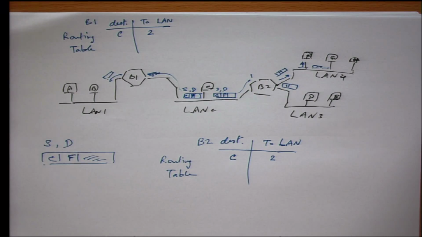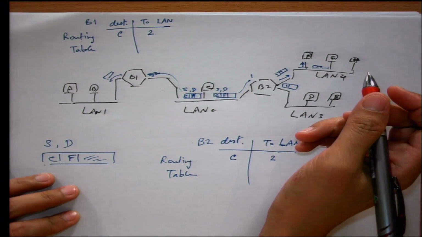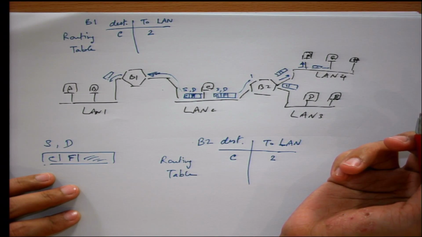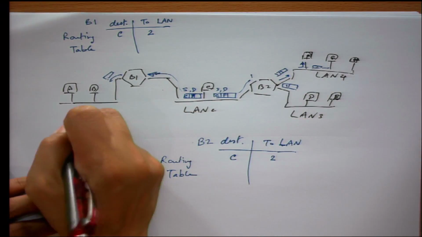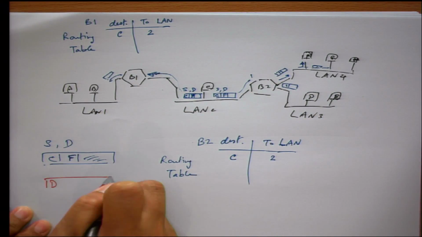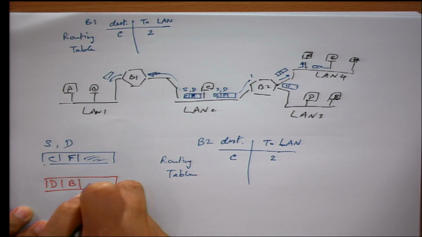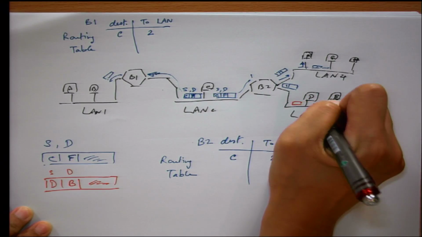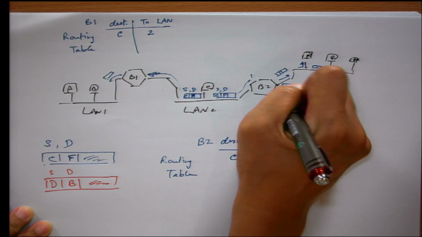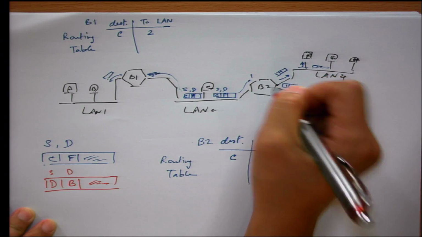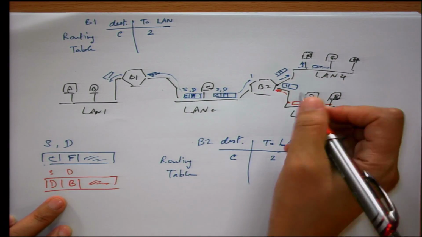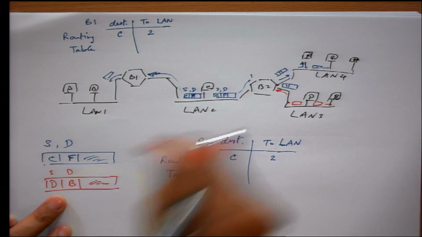Okay, next, suppose now D wants to send to B. So this is the source and destination, and D sends out both ways. Coming here, bridge B2 sees that D wants to send to B. So it learns that D is a source address coming from LAN 3.